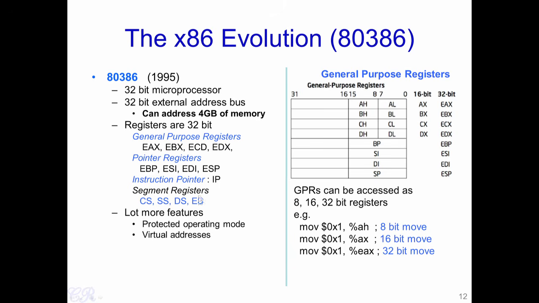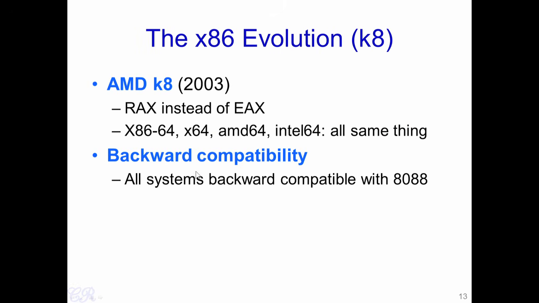These particular features in the 386 processor were taken forward to the 486, Pentium and so on. Now, more recently in 2003, there was the next big step in the x86 evolution. This was when the AMD K8 was introduced. The K8 moved from a 32-bit processor to a 64-bit processor.